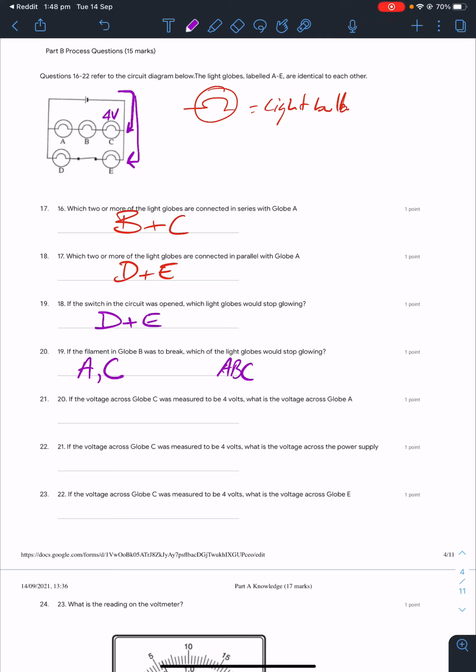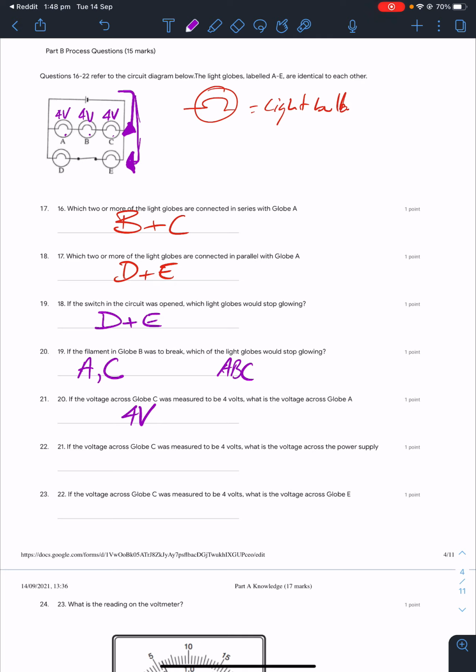But we have, in this path, 3 components. So the full voltage goes down this first path here, but it's shared between 3 of them. And the full voltage also goes down this second path, and it's shared between those two globes. And it's shared equally, as these globes are all equal. So it would mean that all A, B, and C would all have 4 volts. Okay? So if globe C measured 4 volts, globe A would also measure 4 volts across it as well.